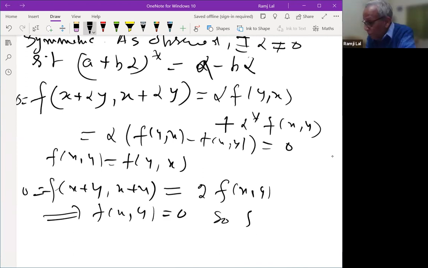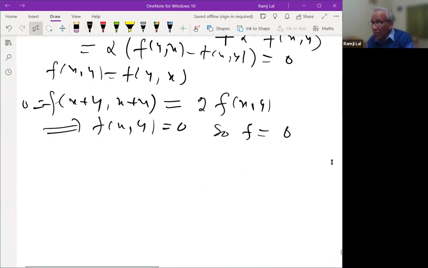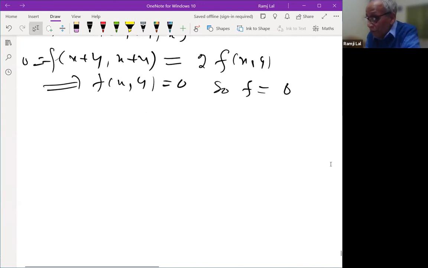That is a contradiction to the assumption that F is non-zero. So there exists an x1 so that F x1 x1 is different from 0. The rest we have already done, but I will repeat it here.